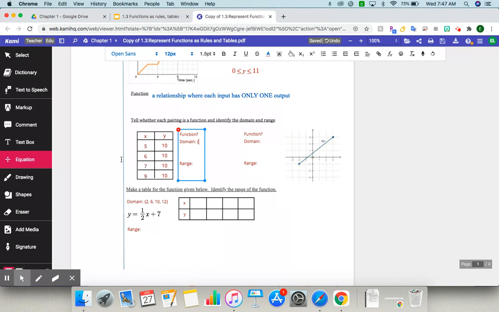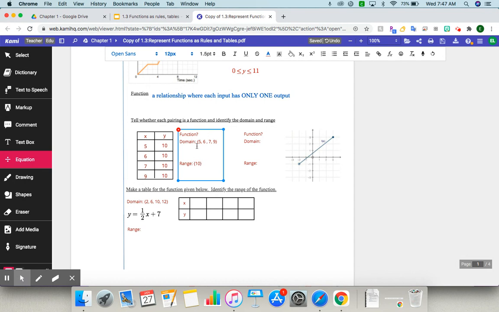So my domain is 5, 6, 7, and 9. And I use the braces as a way to group the numbers together. And then my range is simply the number 10. That is the only output that I see included.